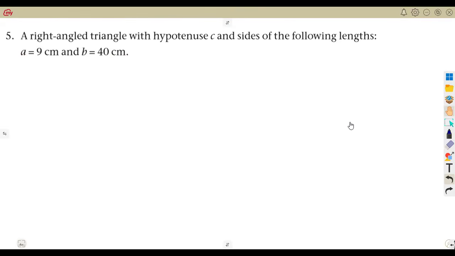Considering question 5, we are given a right-angled triangle with the hypotenuse C and the sides of the following lengths, A and B. It has the side which is the hypotenuse, the one that faces the 90 degrees, which is called C. We are given A and B being 9 and 40 centimeters.